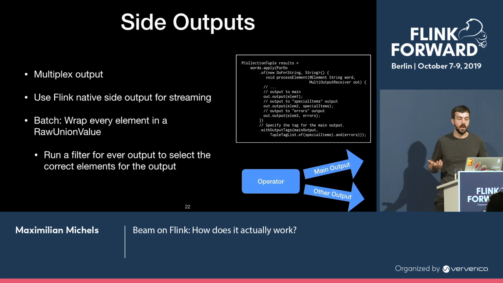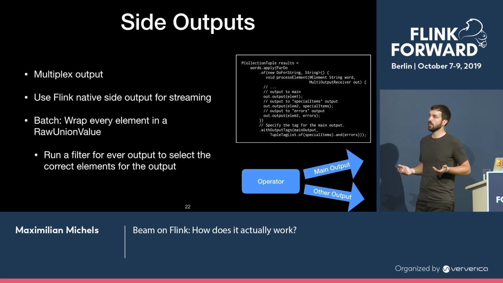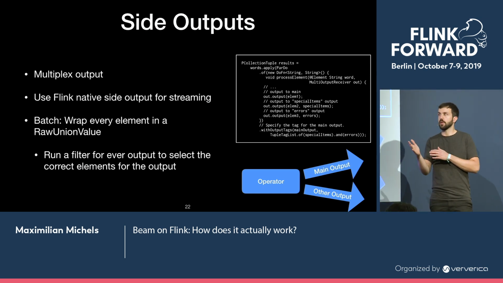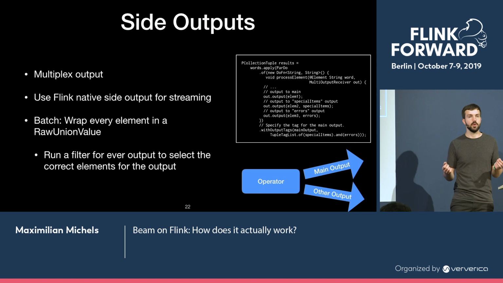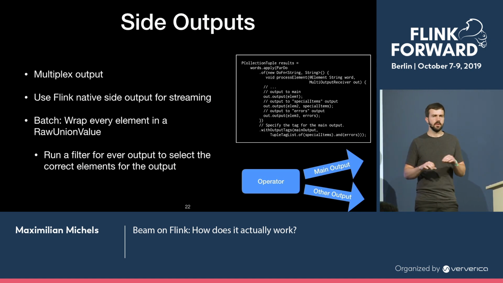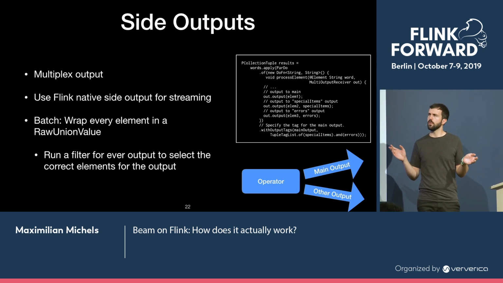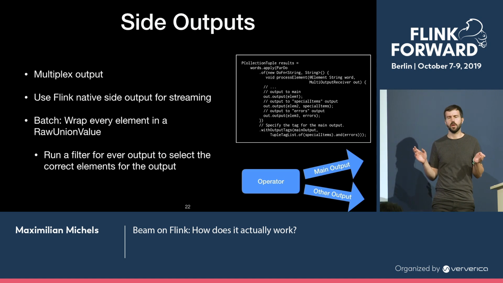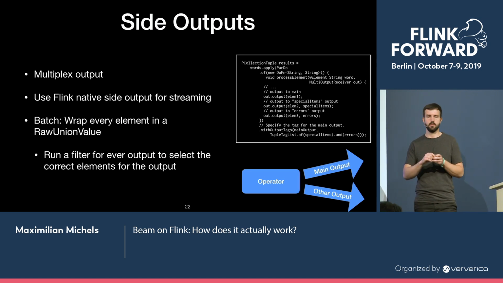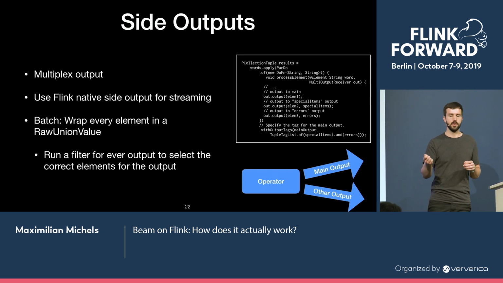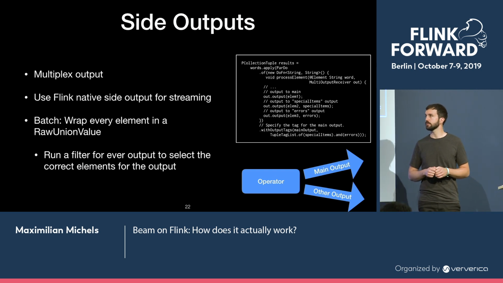So then we also have side outputs in ParDo, which is a way to multiplex the output instead of just having one output. And actually Flink, I don't know, since 1.3 or 1.4, has this as a native construct. So we can actually use in streaming just send it to a different output instead of the main output.